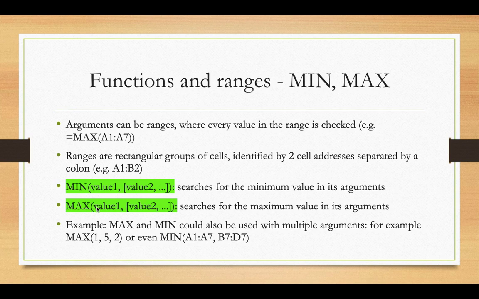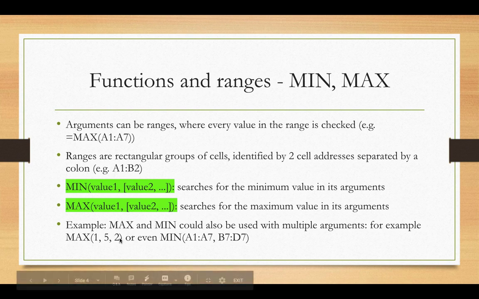The max function also takes value 1, value 2, and as many values as there are in the argument. For example, you can find the max of 1 to 5 or even the min of 1 to 3. The answer of maximum 1 to 5 would give you the answer of 5, which is self-explanatory.